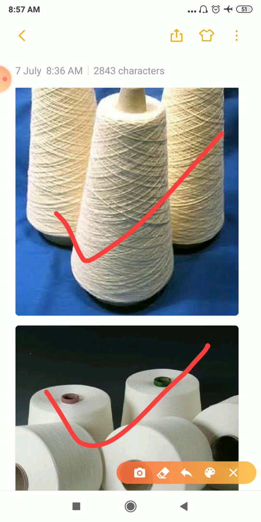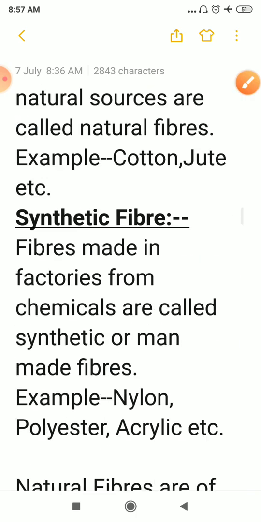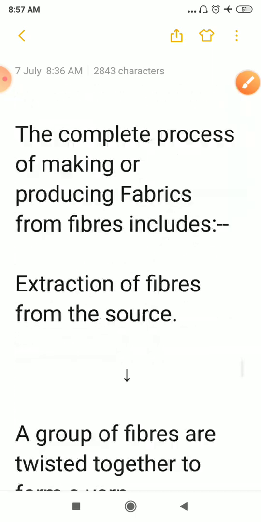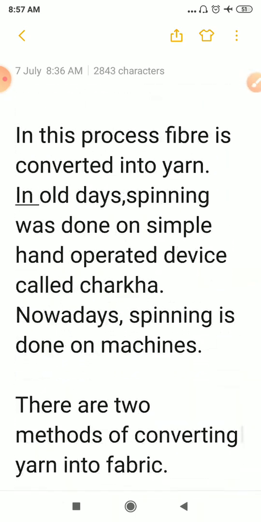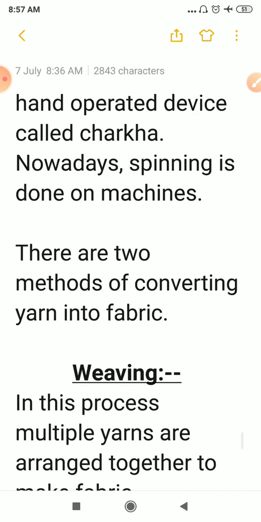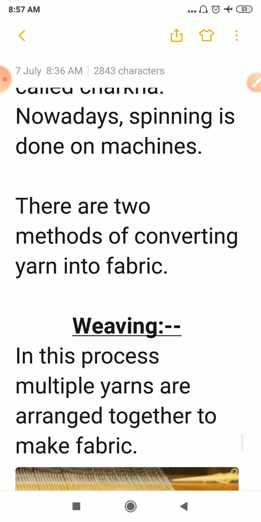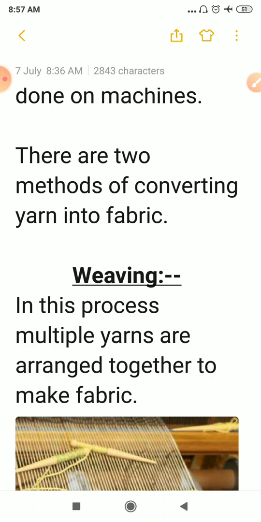I am sure you have seen this at your home, but the size was small. When the yarn is ready, from these yarns we make fabric. For making fabric, we use two types of methods. One method is weaving.